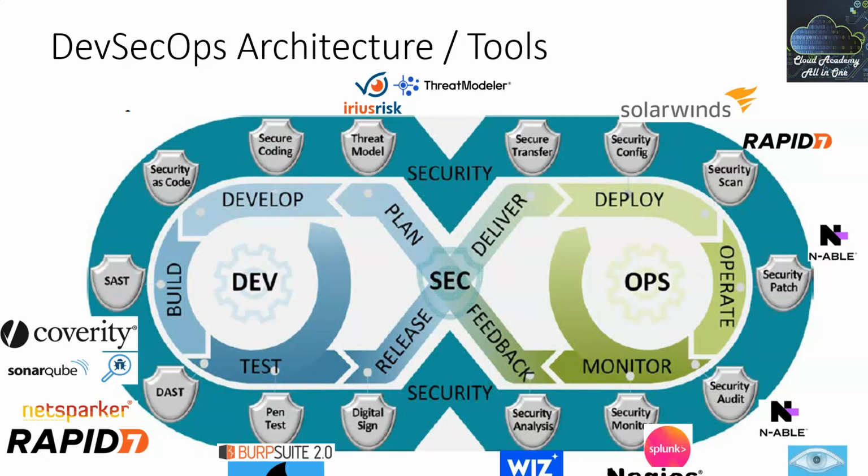Like if you are on AWS or Azure or GCP, it scans the entire cloud system and gives you the analysis report. It also has some compliance related functionality where you can check all your workloads against auditing kind of stuff. So that is the reason I'm clearly saying that one tool can support multiple activities here. Don't take me wrong in case you're seeing Vscan tool under security auditing or security scanning.